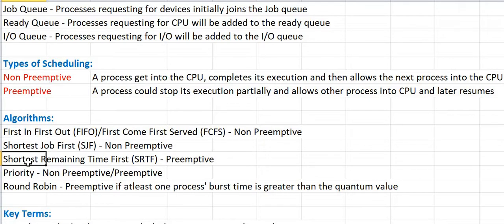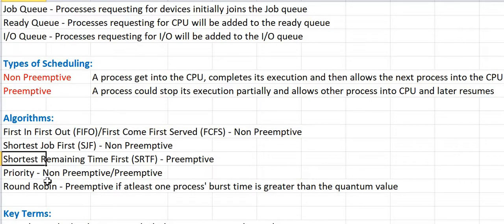But when a process is already inside the CPU and another process comes with an even shorter job, the process already in the CPU can be preempted. It allows the next process with the very short job, halts for a while, lets the other process complete, and then the previous process resumes.